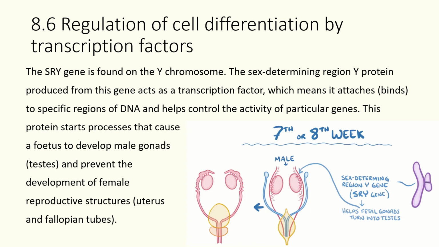What happens is you've probably all heard that idea that at some point in the womb, everyone is a female. So this SRY gene produces a protein which acts as a transcription factor for specific regions of DNA that result in male development.